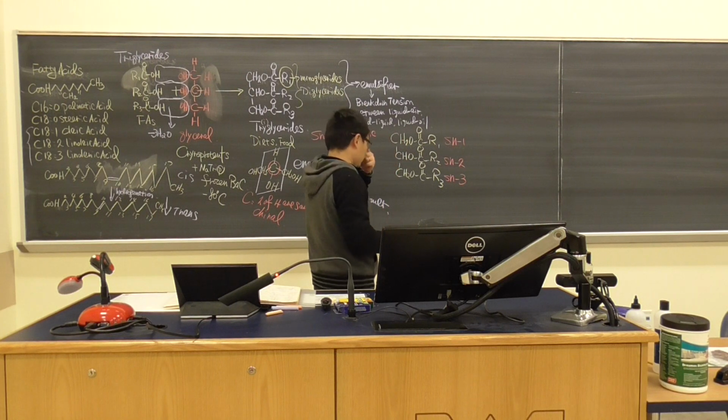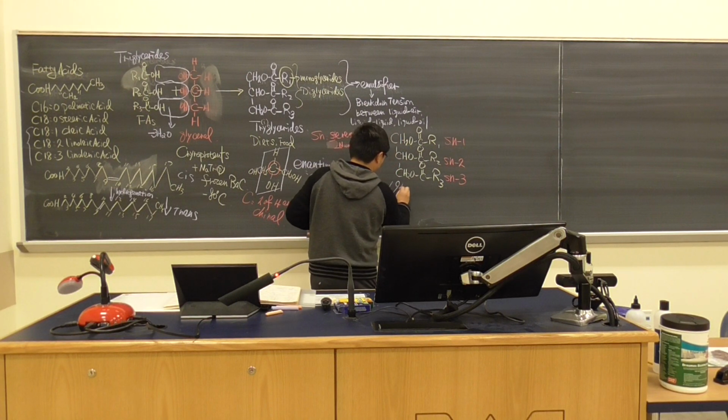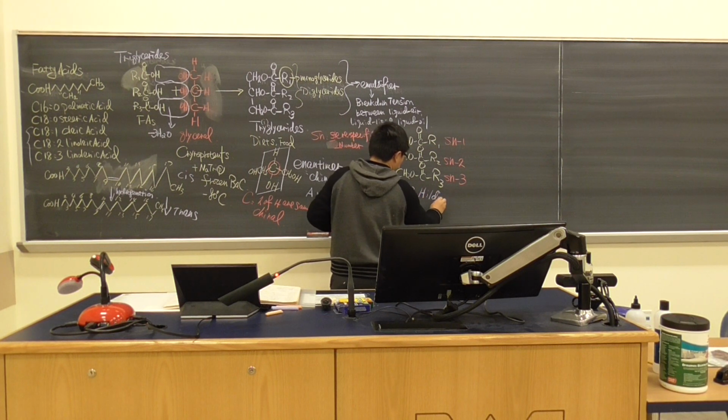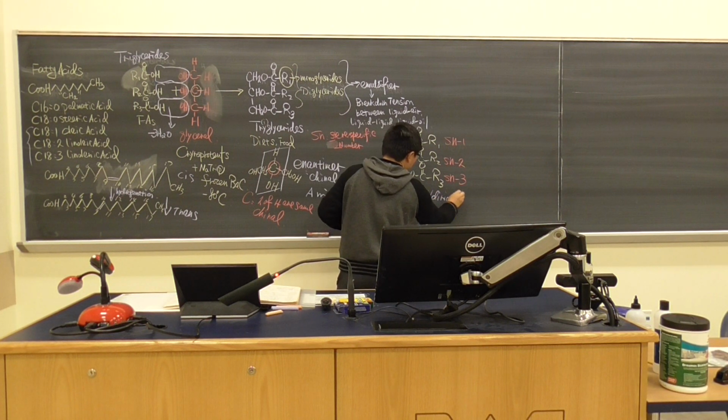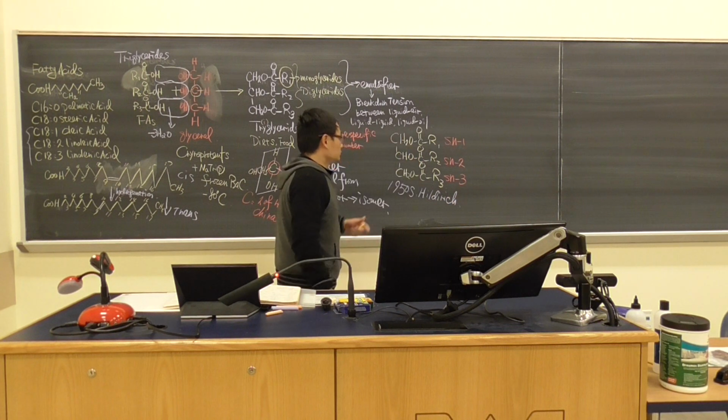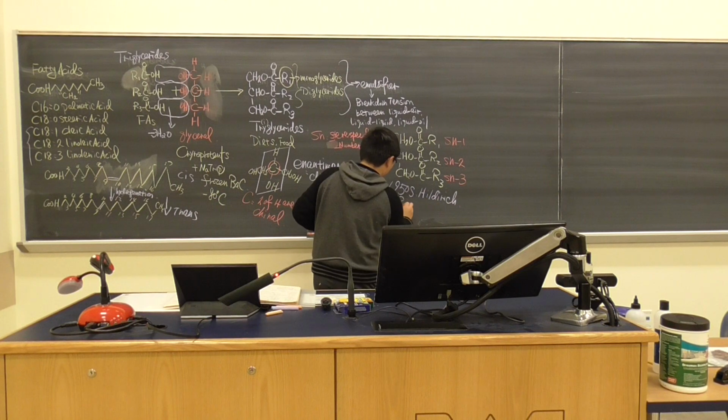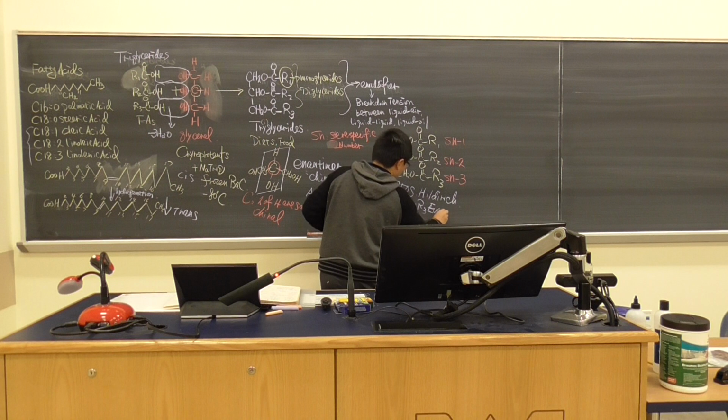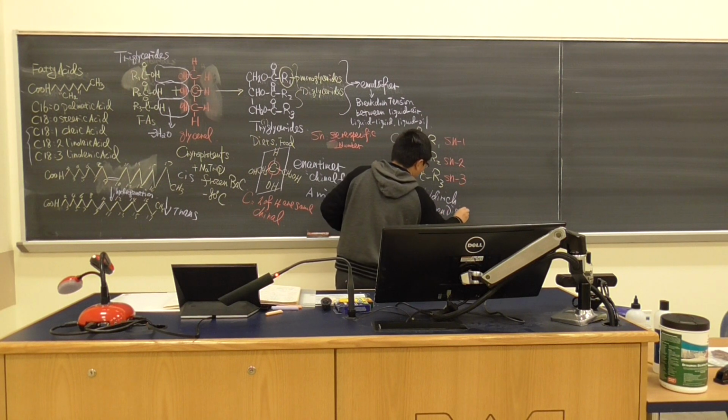Long time ago, in the 1950s, there was a scientist called Heinrich. He thought that no matter what happened, R1 to R3 is evenly distributed.